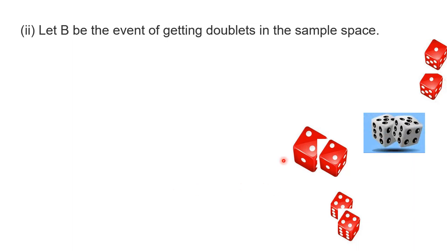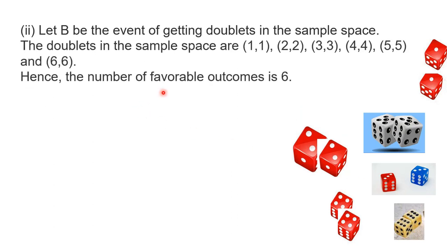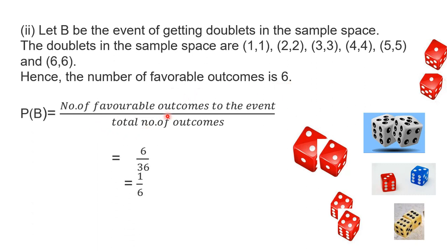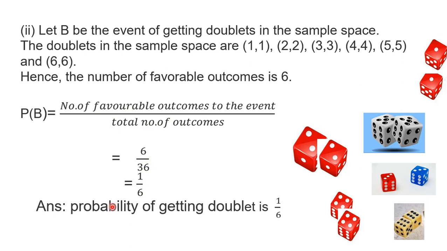A doublet is when both dice show 1 1, 2 2, 4 4, 5 5, and similarly 3 3 and 6 6. So there are a total of 6 favorable outcomes. Putting the values in the formula, 6 upon 36 is equal to 1 by 6. So the probability of getting a doublet is 1 by 6.